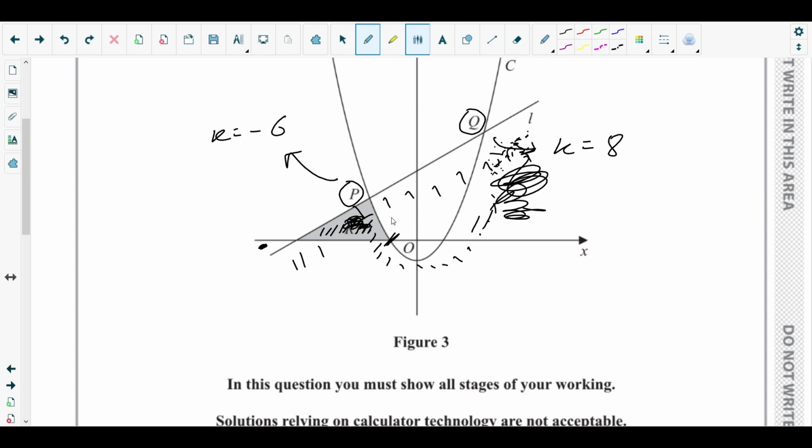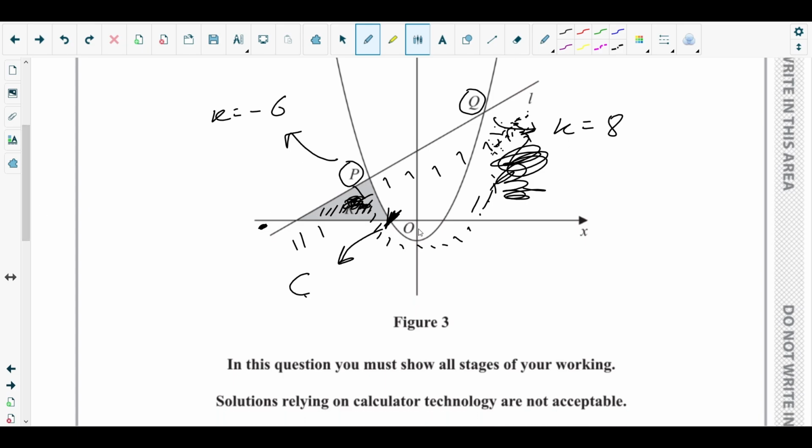It should be considered that the x values at region R should be less than this x value. So this x value is the x value where the curve C is intersecting the x-axis. Make sense?